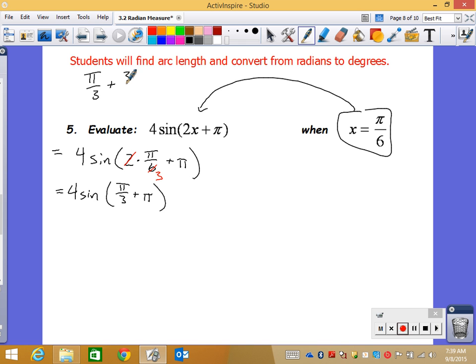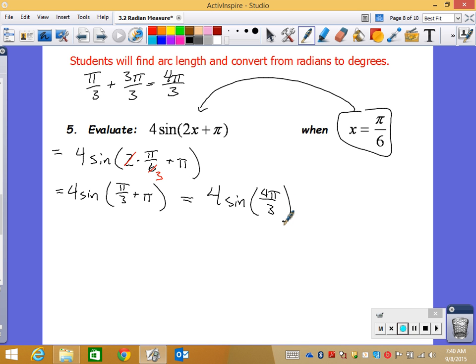So we're going to make pi 3 pi over 3. So we get 1 pi plus 3 pi is 4 pi over 3. With that, we can substitute that back in. So we get 4 times the sine of 4 pi over 3.